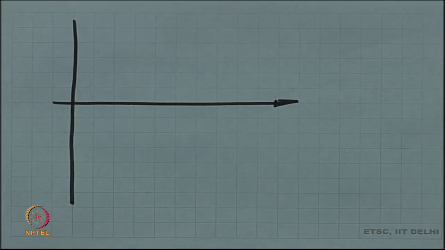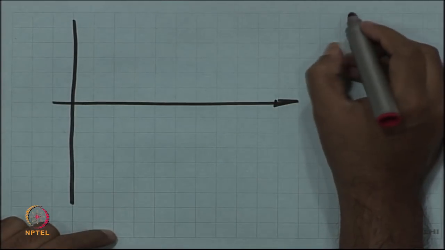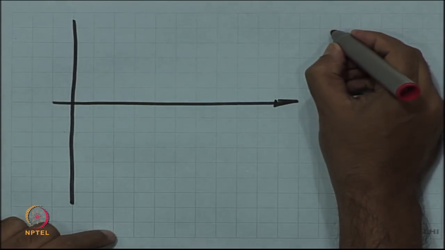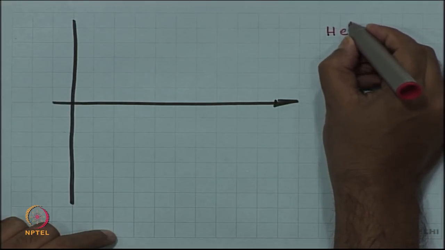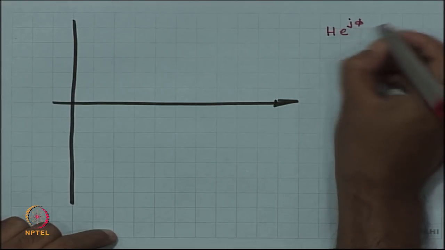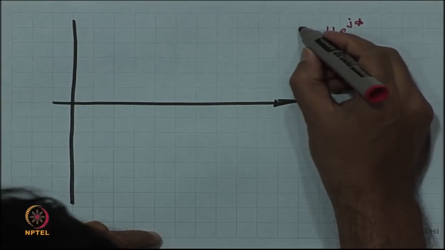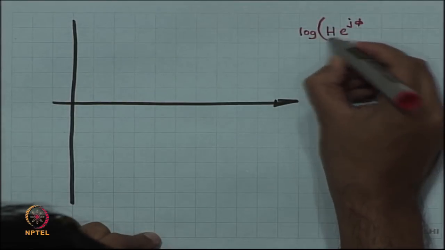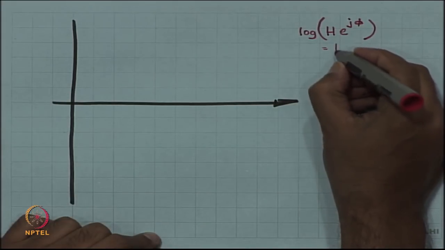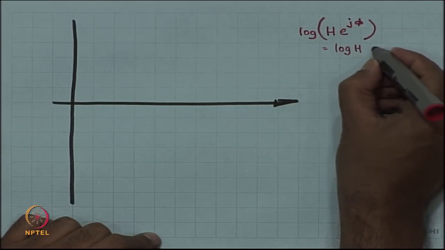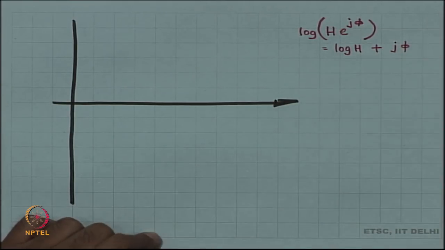Let us just do a little bit of brief analysis over here. If I have a complex number, let us call it h e power j phi. If I take log of this, then it is going to be equal to log of h plus nothing but j phi.